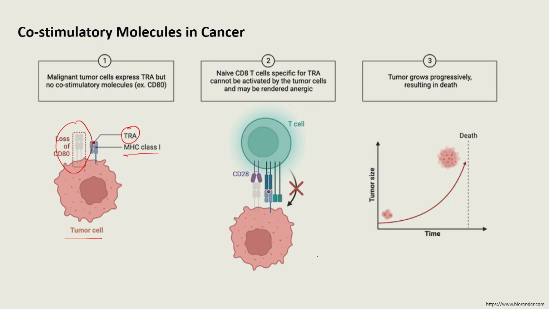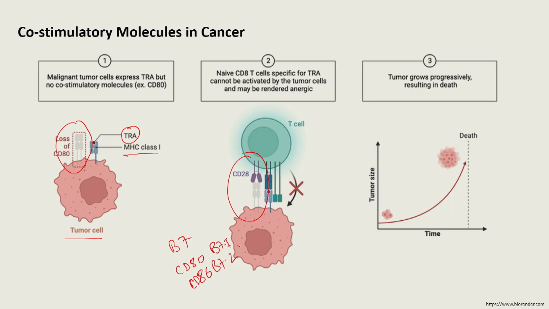If there is loss of CD80 expression in the antigen presenting cell, there could not be any binding to CD28, because CD28 can dock only to CD80 or CD86, which are also called the B7 molecule. These are used interchangeably in the slides, but just keep in mind that CD80 is B7-1 and CD86 is B7-2.